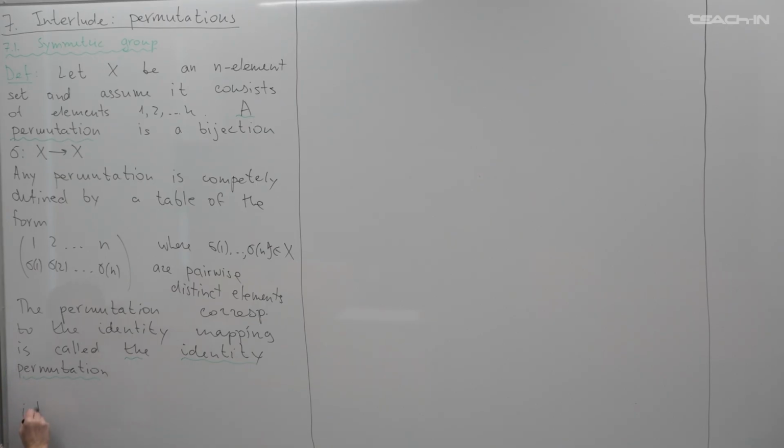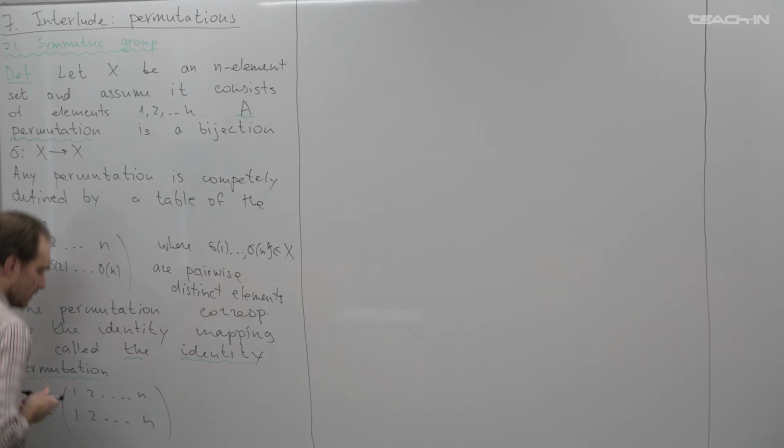So the identity permutation is permutation where all elements are fixed. So 1 goes to 1, 2 goes to 2, etc., and n goes to n.